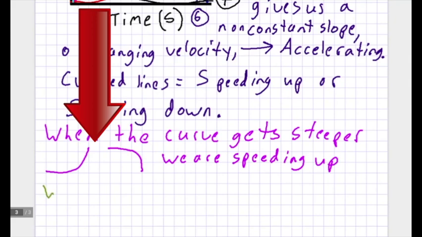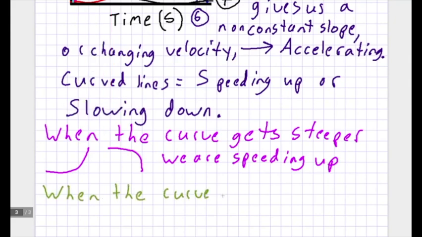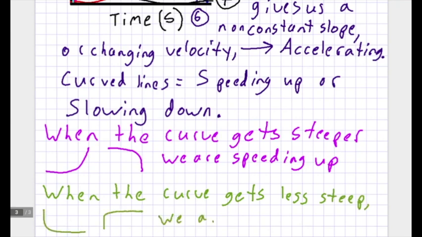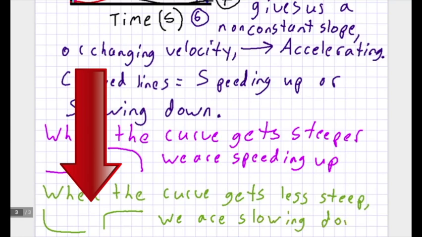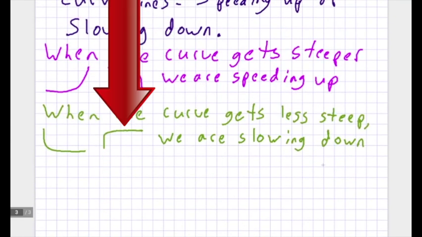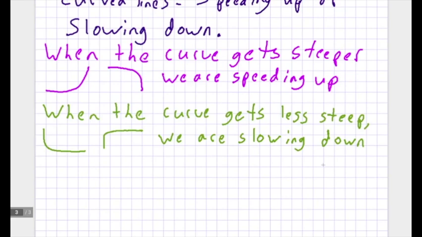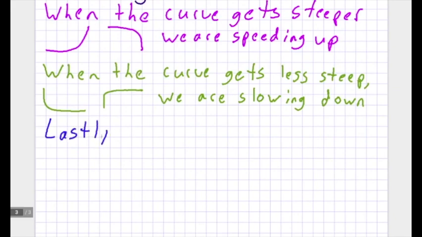On the flip side, when the curve is getting less steep, our velocity is getting slower and slower, meaning that our curve is flattening out towards the end. Which makes sense because a flat or horizontal line has a slope of 0, meaning a velocity of 0. Which means that if our curved line is ending in a horizontal line, we are ending at a very, very slow velocity, meaning that we must be slowing down.